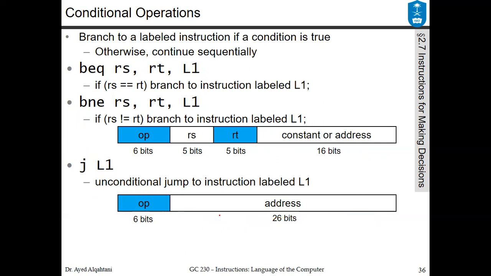And this gives us the following conclusion. The branch has limited jump, or let me say limited movement. So if you branch forward or backward, you have up to 16 bits for the label. But for the jump, you have more range, because you can represent the L1 using these 26 bits. We'll see more detail about this and how it's managed in the assembly code.